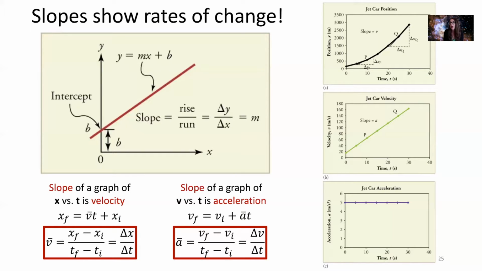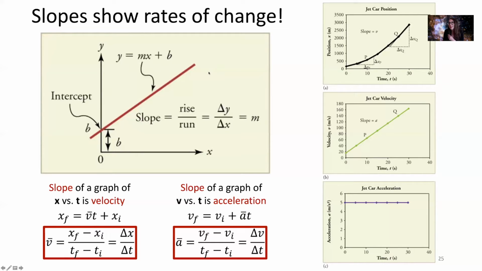So I was just talking about the slope of our velocity versus time graph and how an acceleration is a rate of change of velocity. So slopes show rates of change. Slopes of a line show rates of change. Here we have our x and y axis, and we have a line.